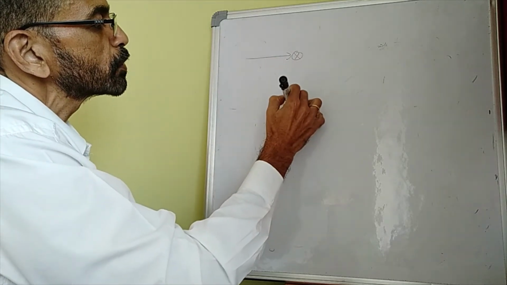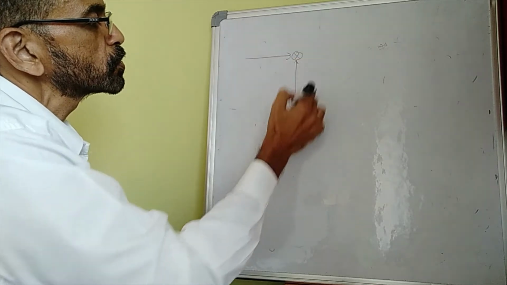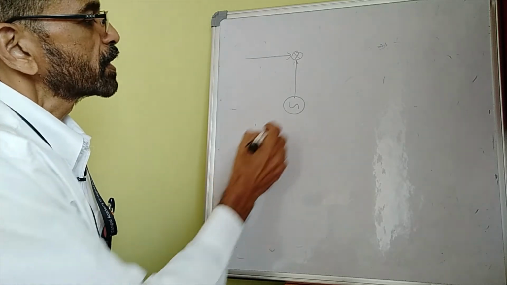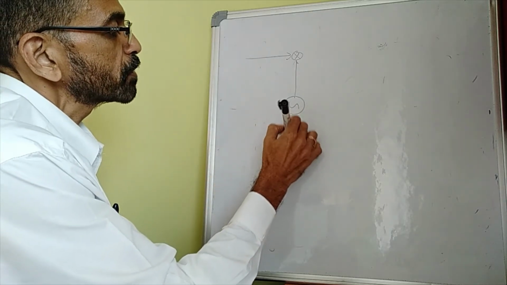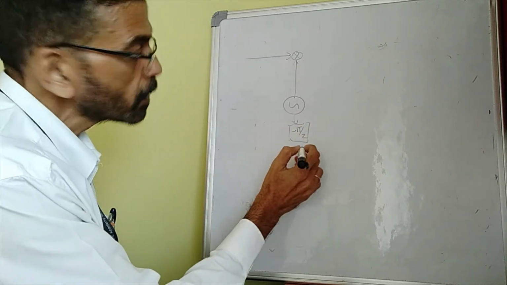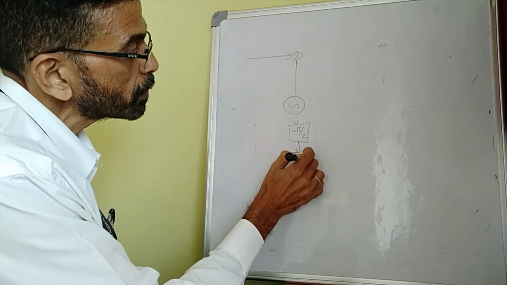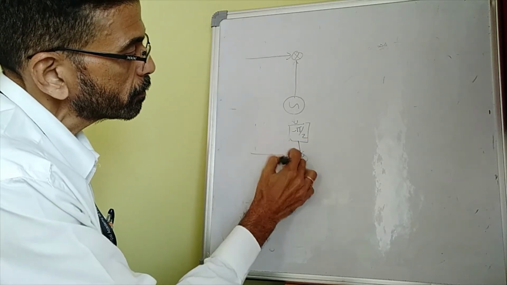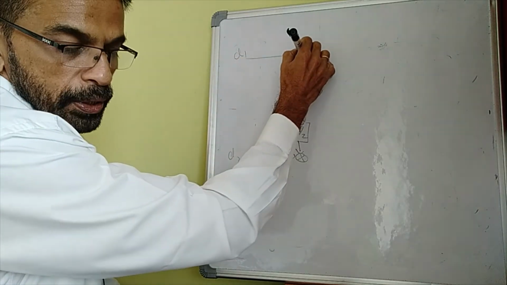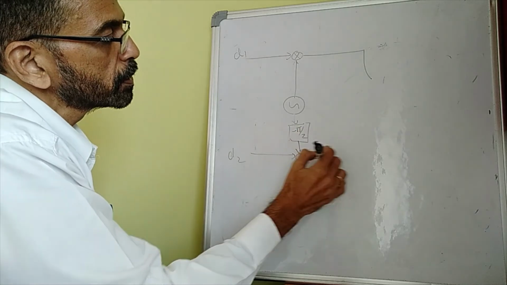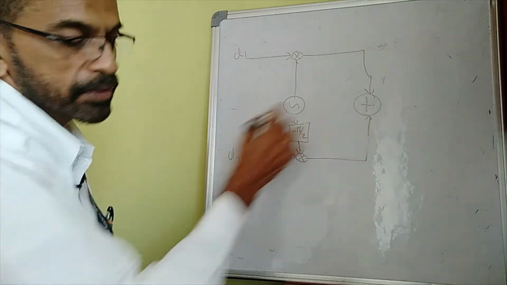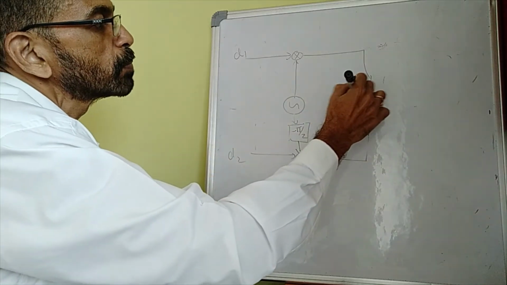Multiplier, an oscillator. This will be your main oscillator, which is generating the carrier frequency, and the oscillator output phase shifted by minus π/2, this is a phase shifter, and a multiplier here. Let's say this is D1, this is D2, and then we have an adder here, plus minus.